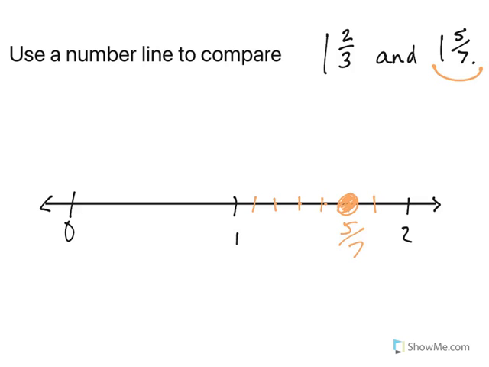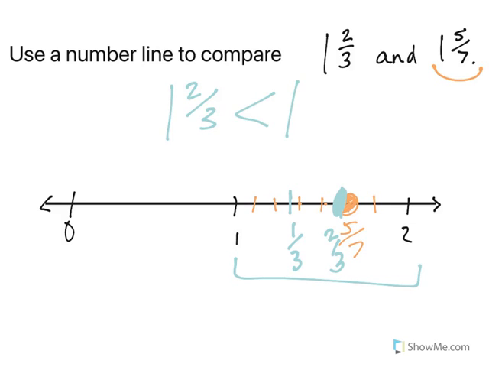All right, so now when we check the other one, 2/3, that means between 1 and 2, I'm chunking it into 3 equal parts. So we've got 1, and I'm going to go about right there. So 1/3 and 2/3.